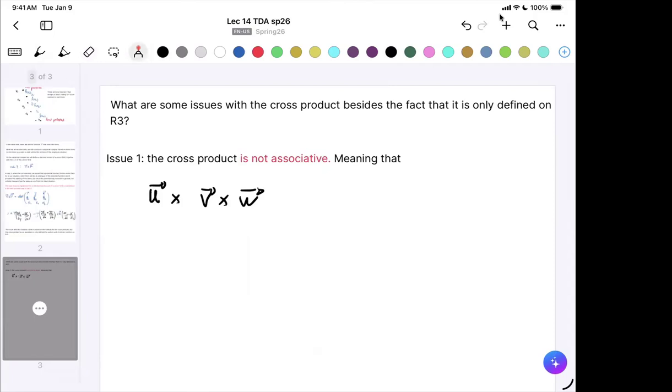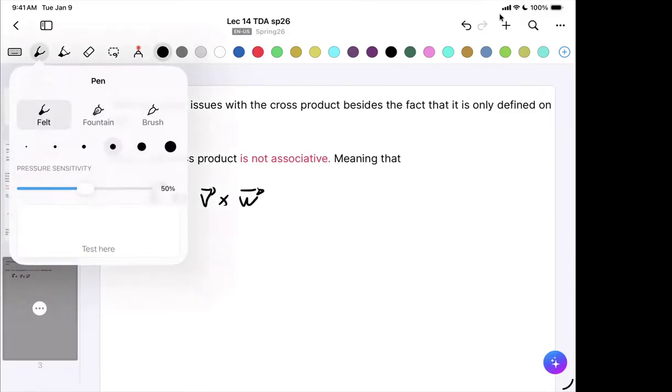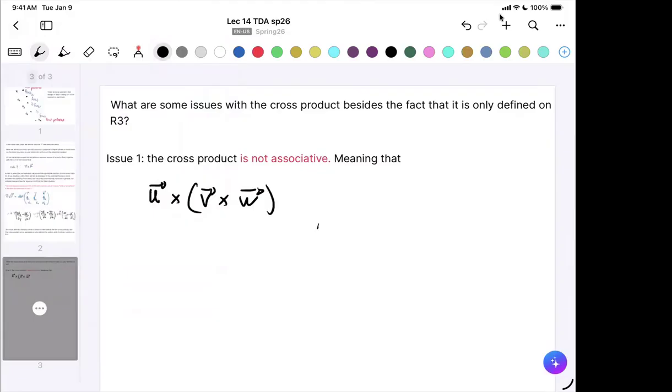If I ask you to find the cross product of three vectors, this does not make sense unless you put parentheses. So for example, you could mean this, okay? You could mean this, but that is not the same as u cross v cross w.